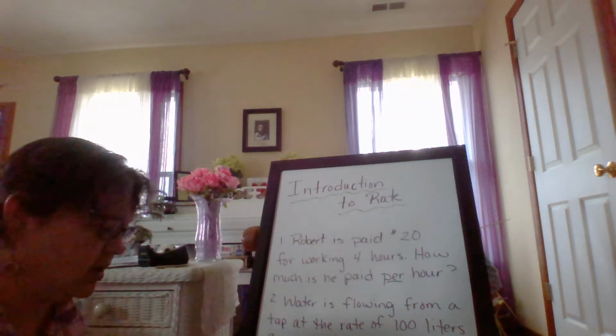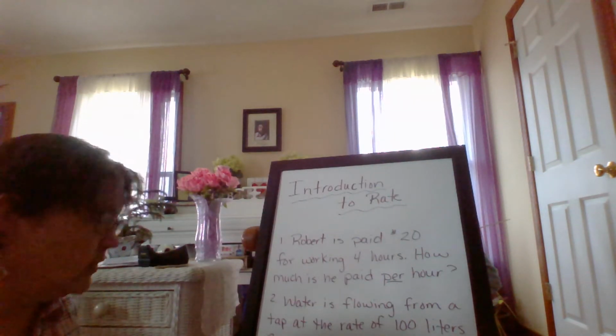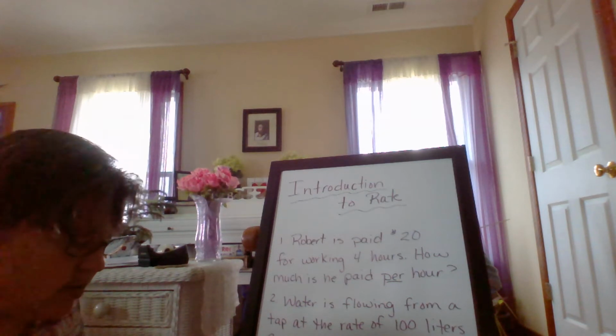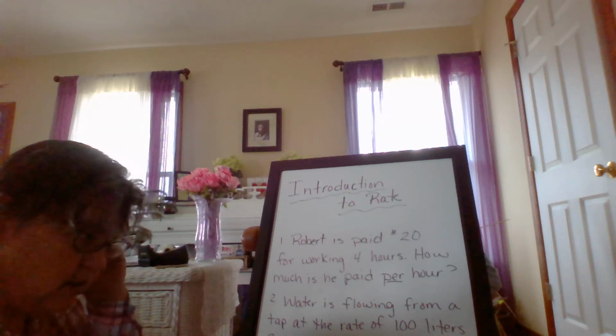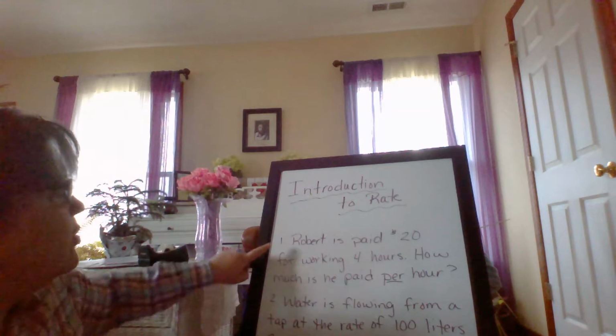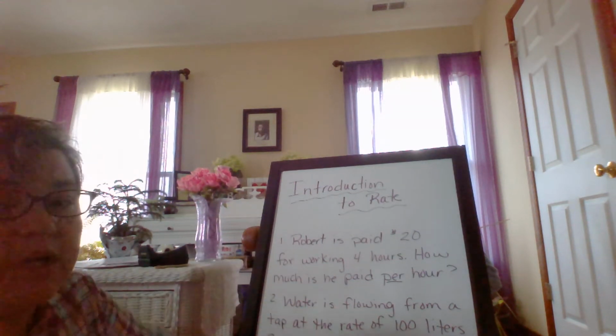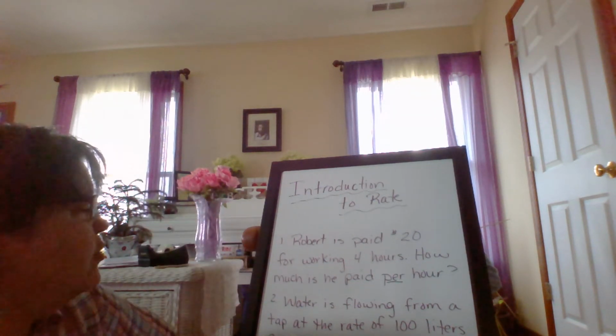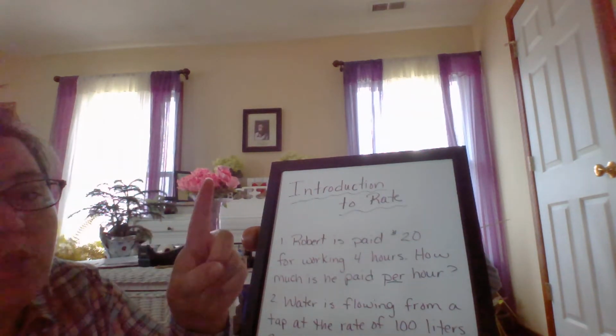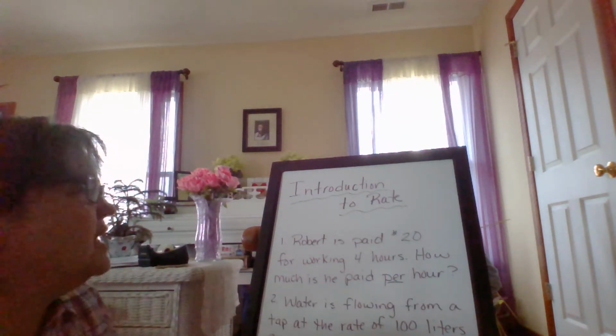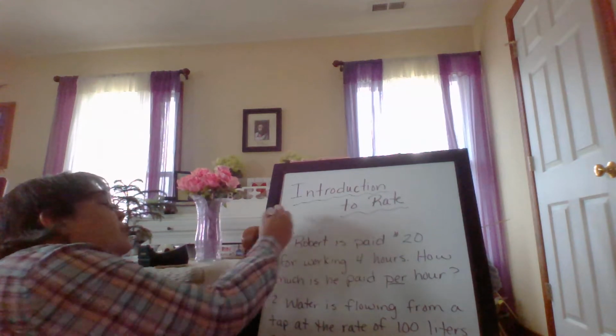So let's look at that a little bit closer. Let's look at these problems I have up on the board. Robert is paid $20 for working 4 hours. How much is he paid for 1 hour, or per? Per means each. So we'll write that up here.